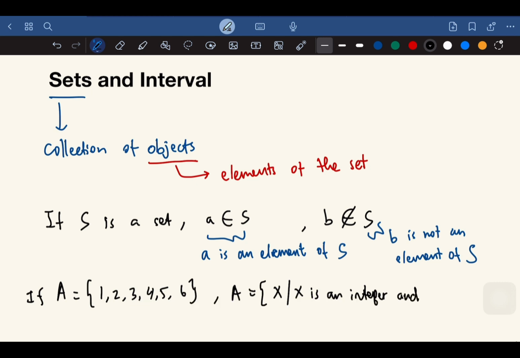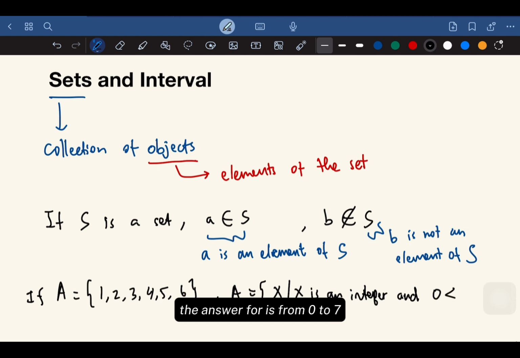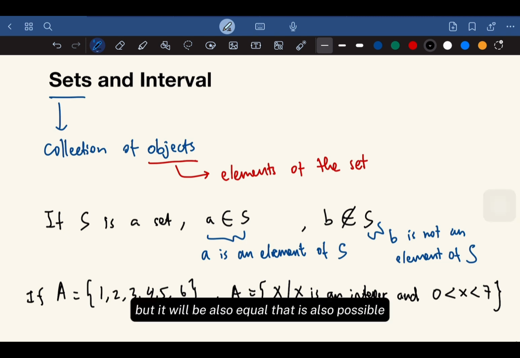And the interval is from 0 to 7, but both ends are not included. Or we could say include 1 to 6, and it will be equal. That is also possible.